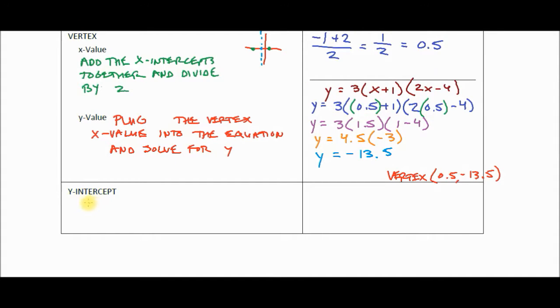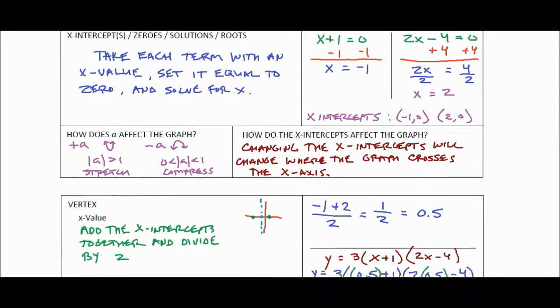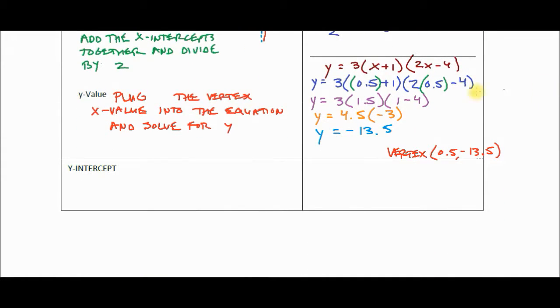How do we find the y-intercept for an intercept form quadratic? We just figured out how to find the x-intercepts, how to find the vertex. Now let's find the y-intercept. Well, class, the y-intercept is found pretty much every time the same way on all of the forms. On the standard form, we happen to actually have it in the equation, but we still can solve it the exact same way.